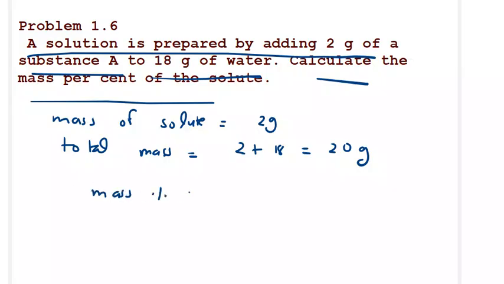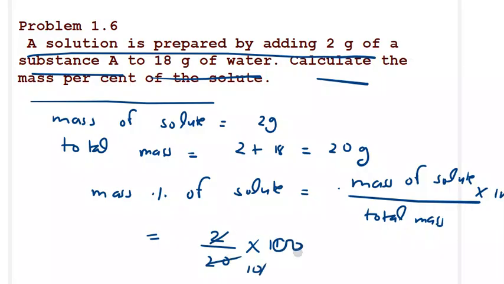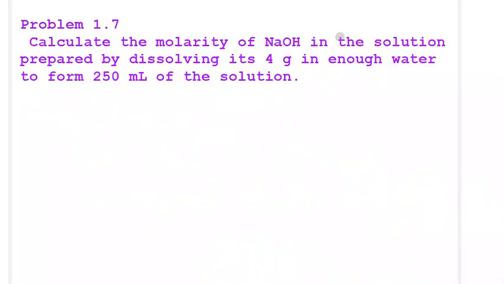Mass percent of solute equal to mass of solute upon total mass multiplied by 100 for percentage, which is 2 upon 20 multiplied by 100, which corresponds to 10% solute mass percent.